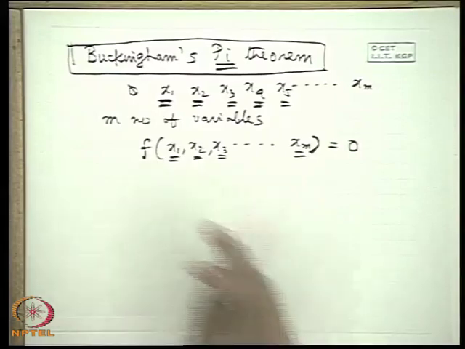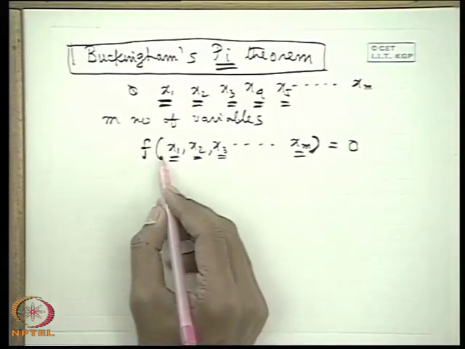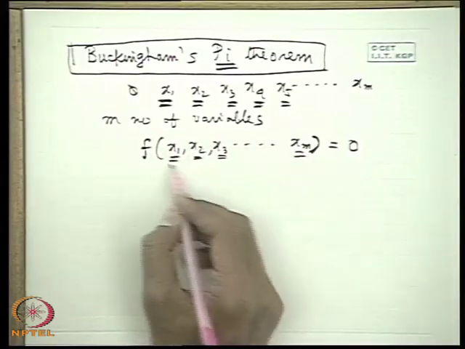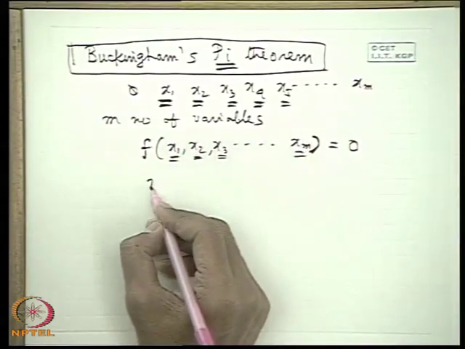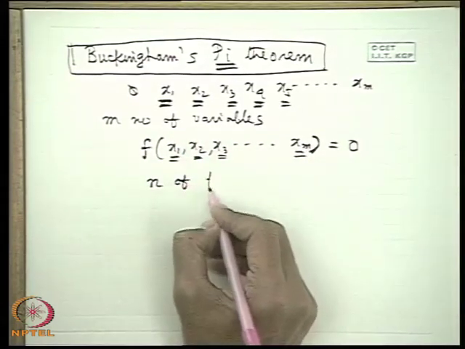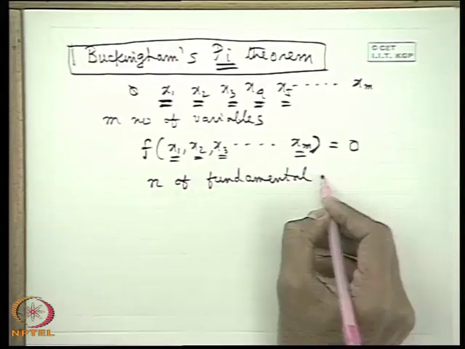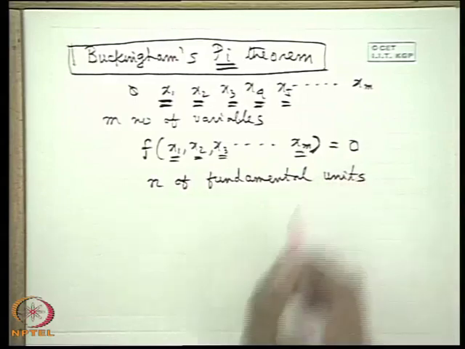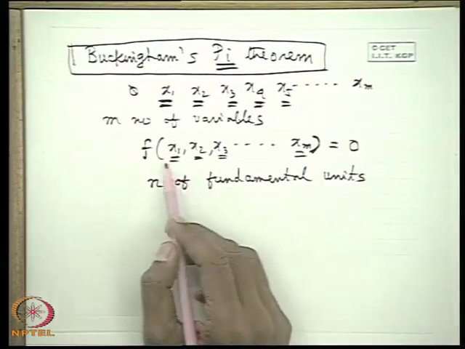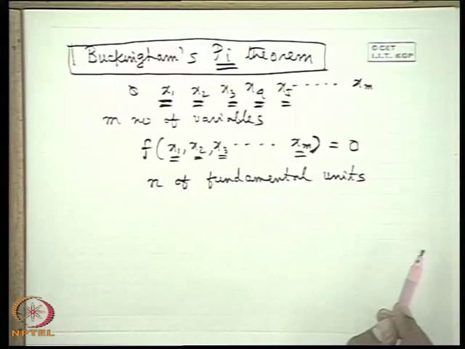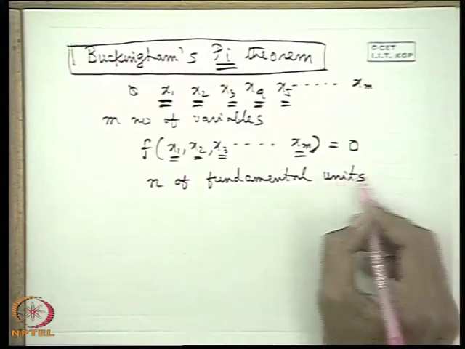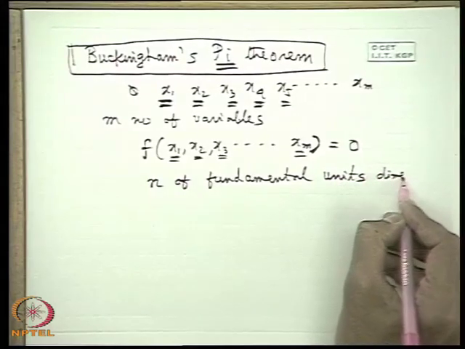Alright, now Buckingham told that if these m variables are expressed as n number of fundamental units or fundamental dimensions, rather I write dimensions.